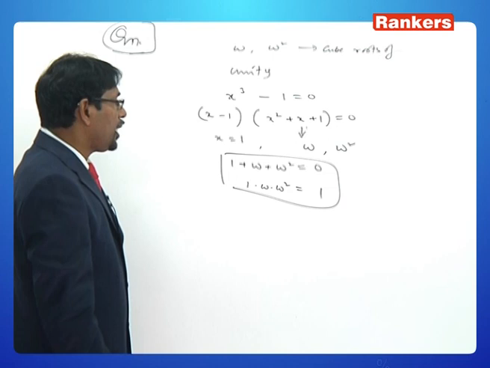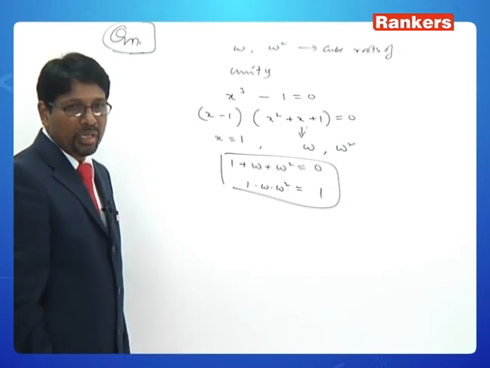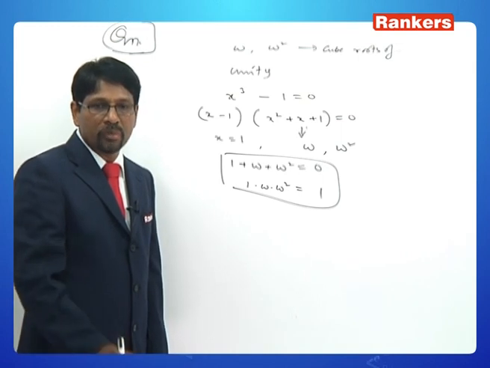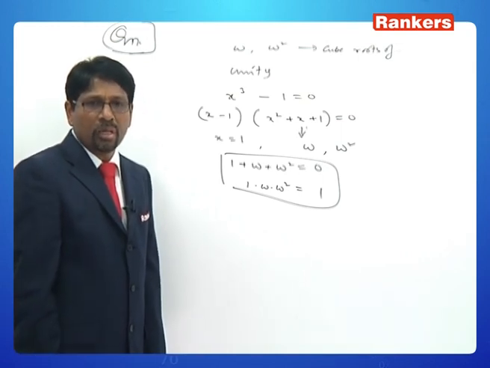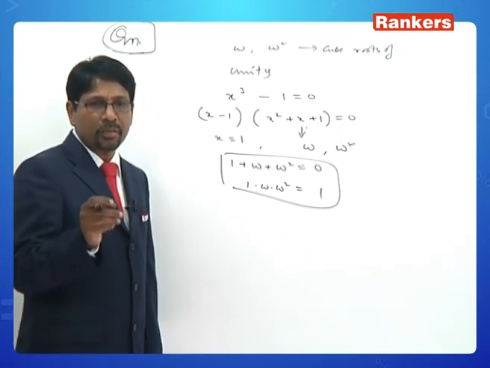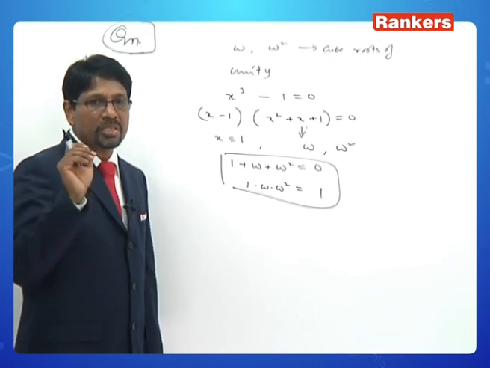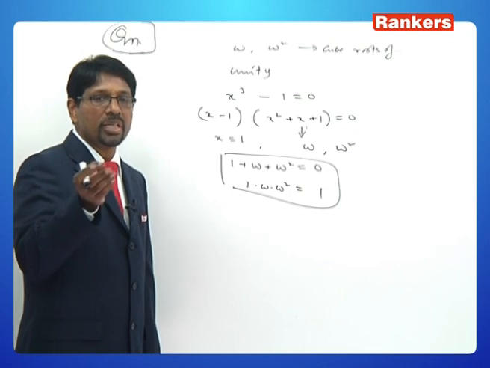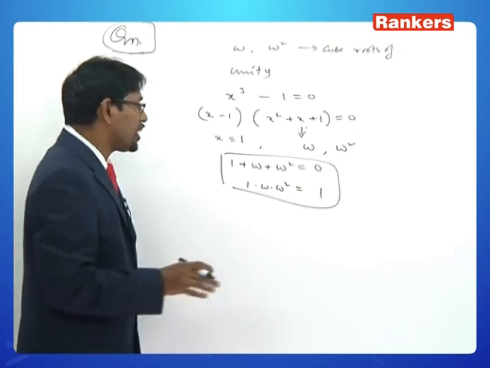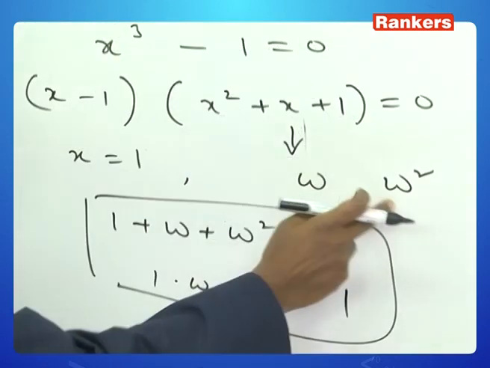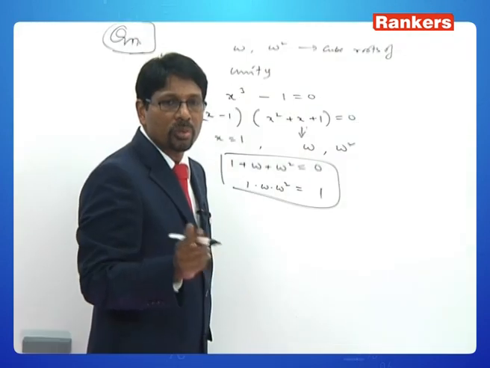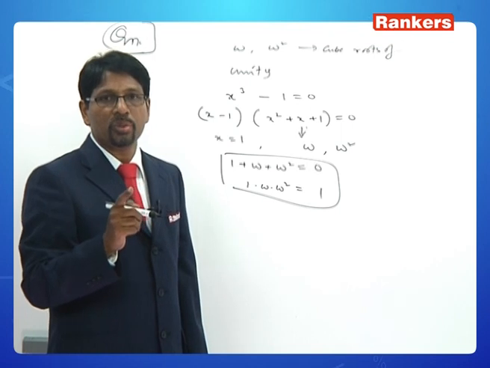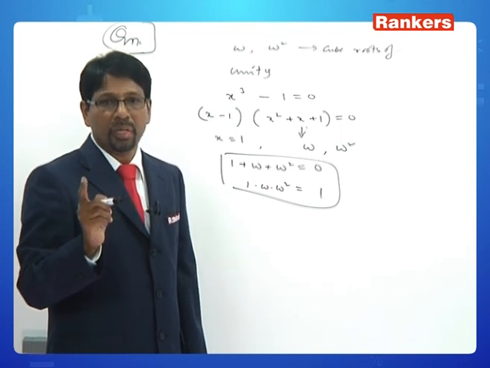Now let's see whether omega and omega square satisfy this equation. One more thing I should say here: if omega satisfies one of the equations, omega square also should satisfy it, because they are complex conjugates of each other. For a polynomial with real coefficients, whenever imaginary roots occur, they occur in conjugate pairs.